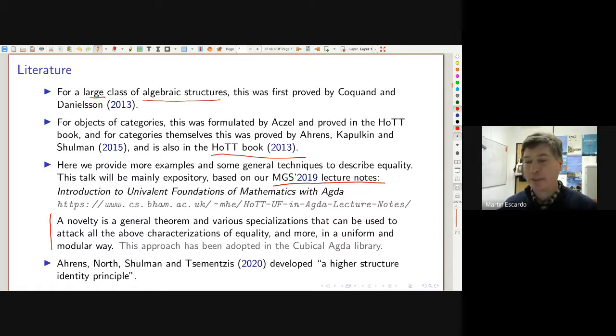I'm going to be more precise about this later. And then there is a later version by these four people, Ahrens, North, Shulman, and Tsementzis, which actually works for higher structures, like higher categories and things like that. But I'm not going to get there in this talk.